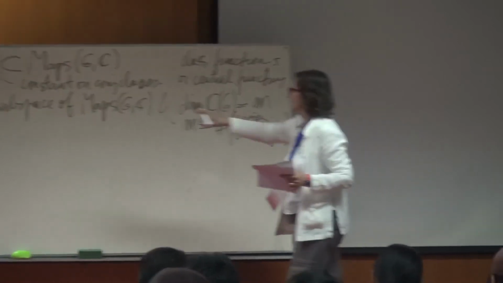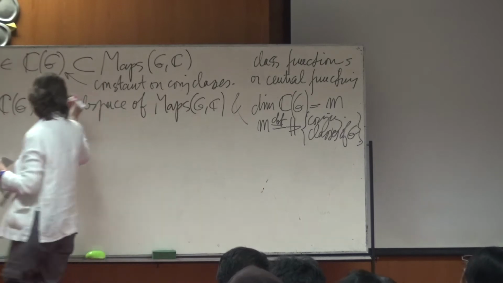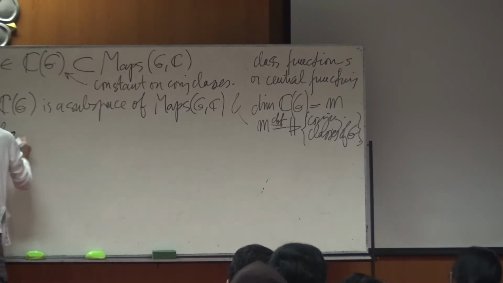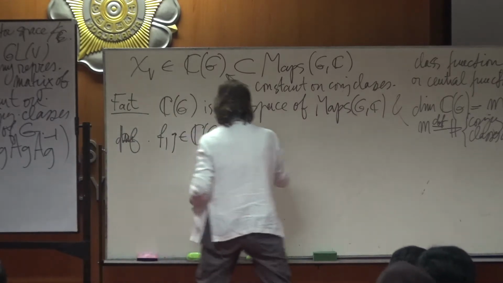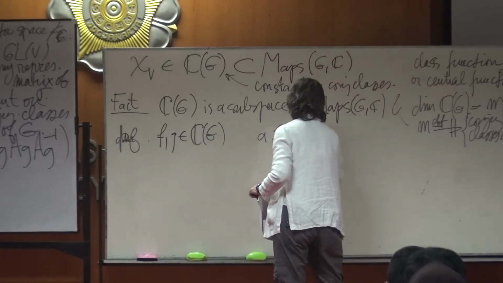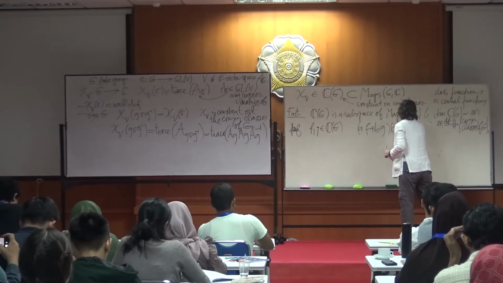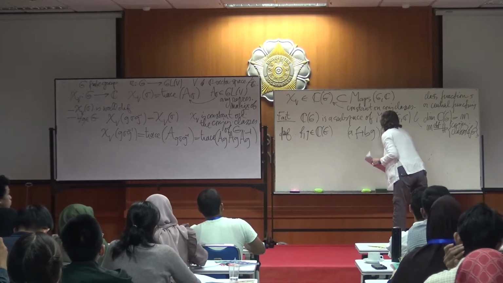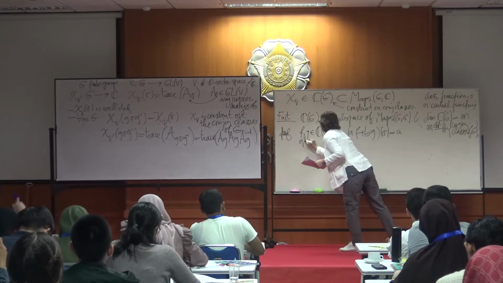Okay, the fact that these maps form a vector subspace is not so difficult, right? Let's prove it. So if we take two functions, f and g, which are in C(G), we want just to show that a times f plus b times g, evaluated on sigma, is constant on conjugacy classes, where a and b are complex numbers.